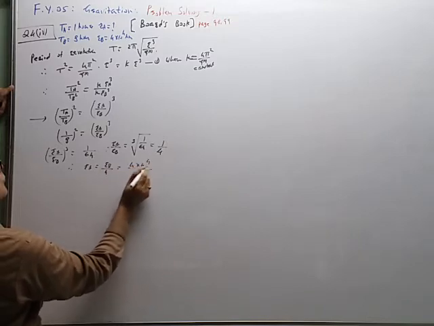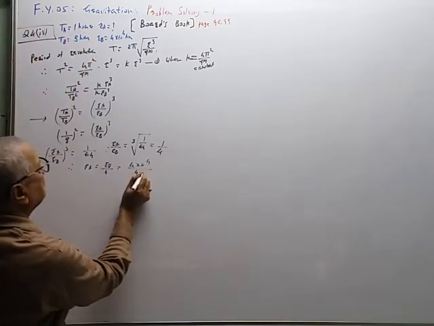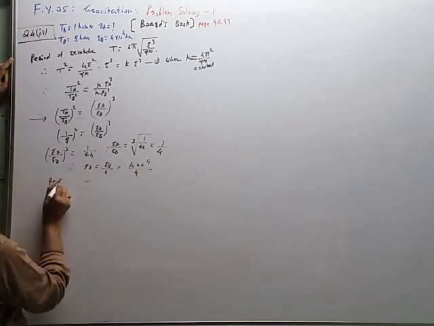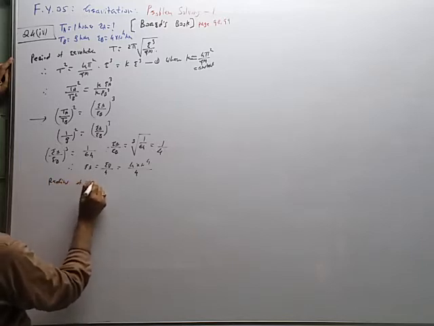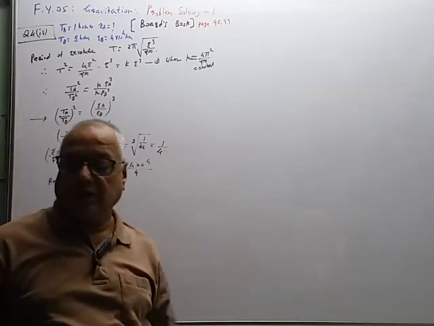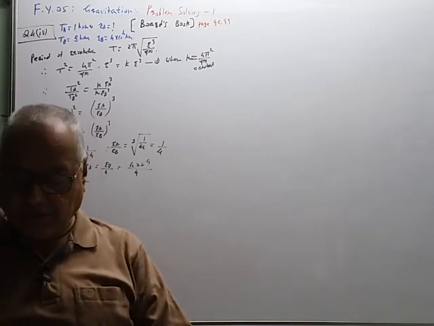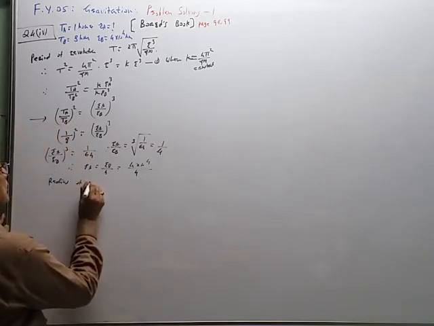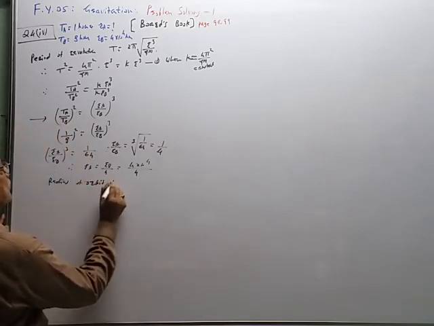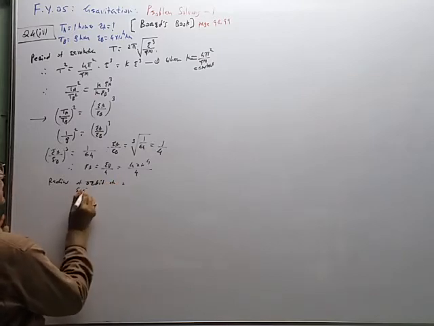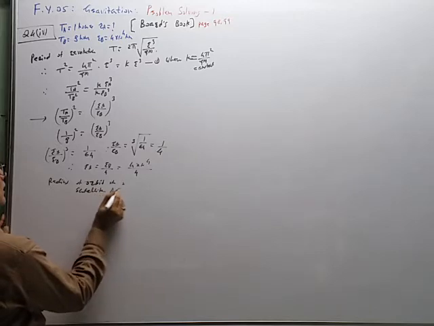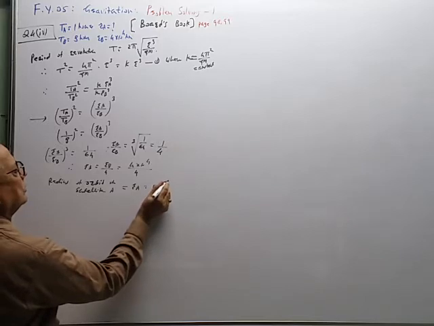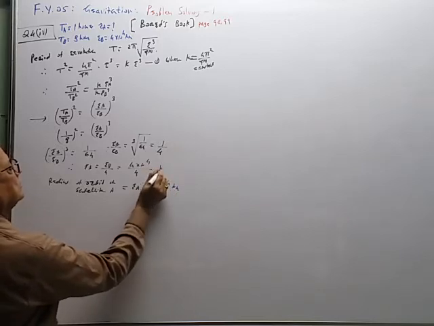So 4 into 10 to 4, the value of RB, divided by 4, the 4 will get cancelled. So RA is equal to the radius of, we have to see in what terms the answer is asked: find the radius of the orbit of satellite A. Radius of the orbit of satellite A is equal to RA is equal to 1 into 10 to 4 kilometer. This answer is in kilometer.